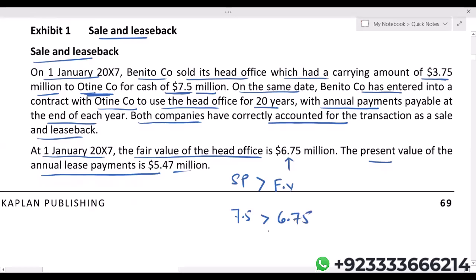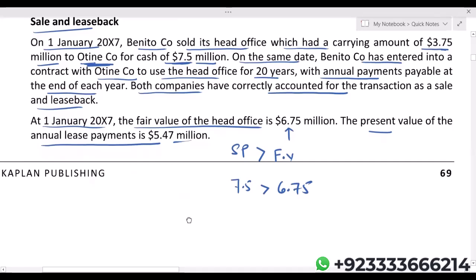Can I say when the sale proceed is higher than the fair value, the difference is a loan, the difference is your financial liability. 7.5 minus 6.75, I'm getting 0.75. So logically, the financial liability is 0.75.